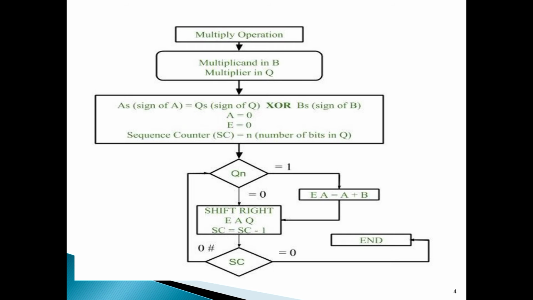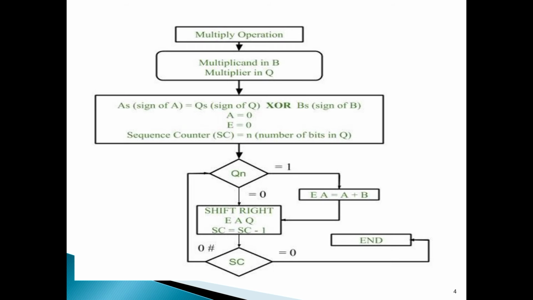After completion of this initialization, every time we check the Qn value. The very important point is how to check the Qn value. What is the Qn value? It is the least significant bit of the multiplier.